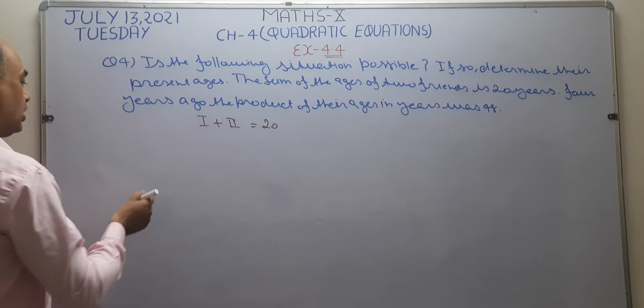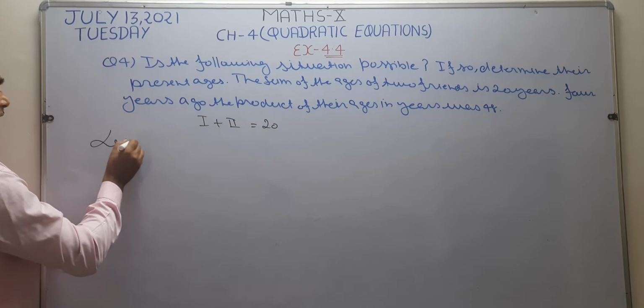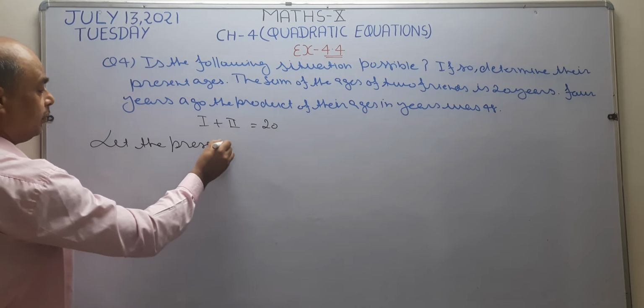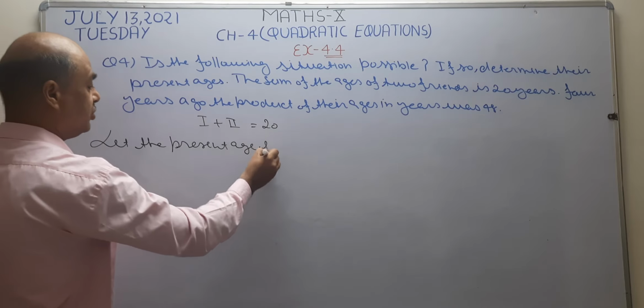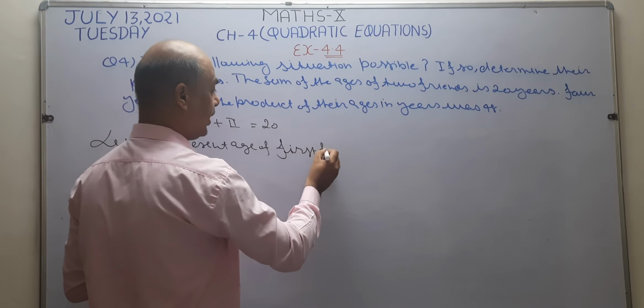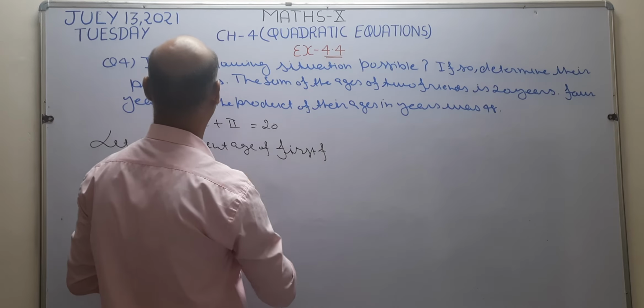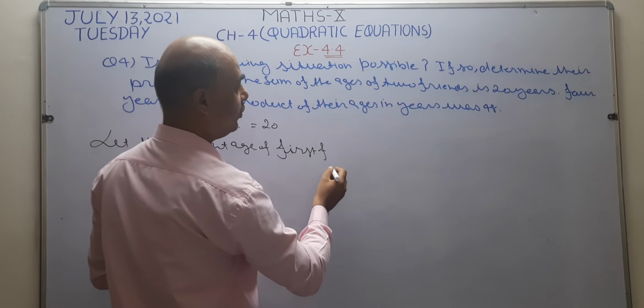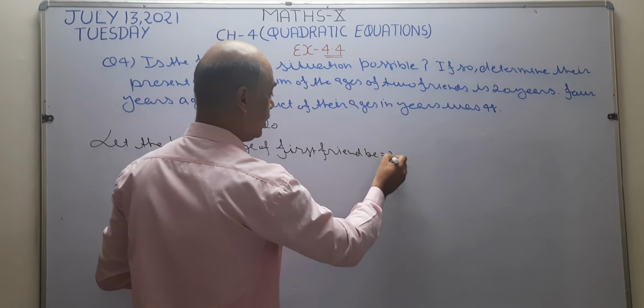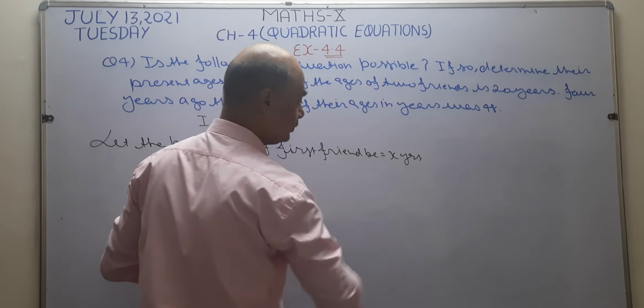So I want to start. Let the present age of the first friend be x years.